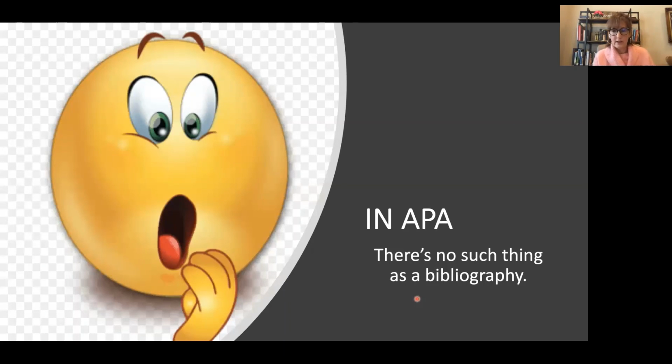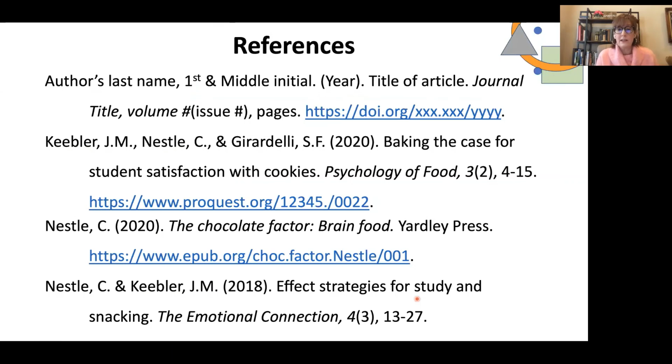So the last part: in APA, there is no such thing as a bibliography. That doesn't exist. Maybe in a class syllabus you might have a bibliography, but if you are making a paper, there's no such thing as a bibliography. It's called a reference page. You just put References at the top, centered, on its own page.